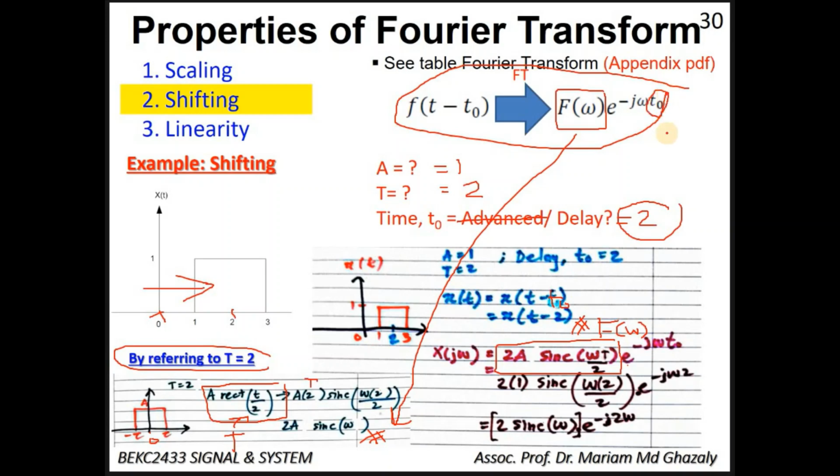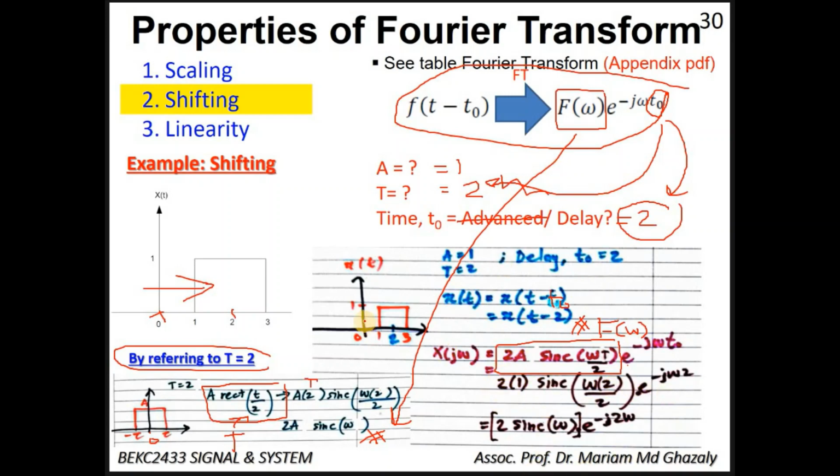So t naught, substitute it with the value t naught here. So t naught value is delayed by 2. When you write the equation, substitute all the values.